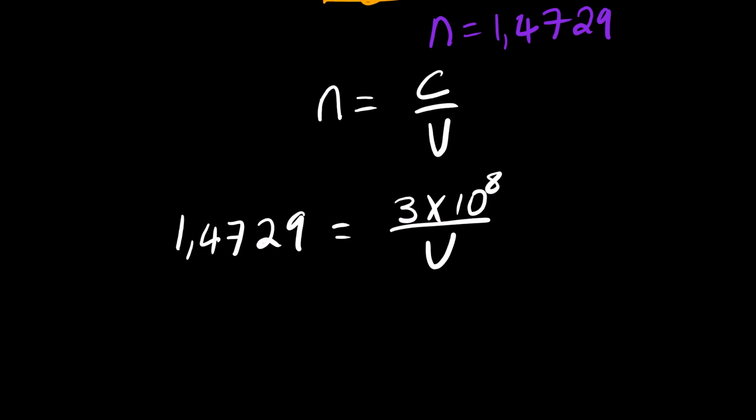This is a mathematical operation now. We can see that the term causing the fraction is V. So we multiply both sides by V.